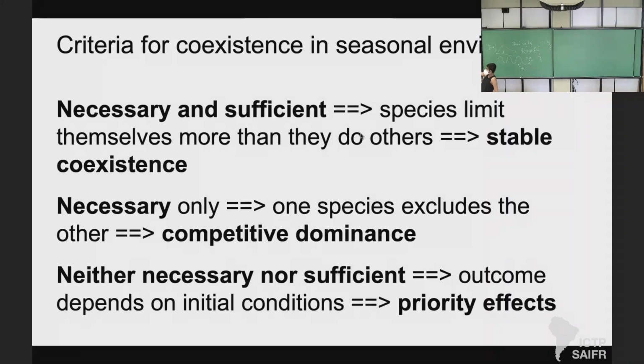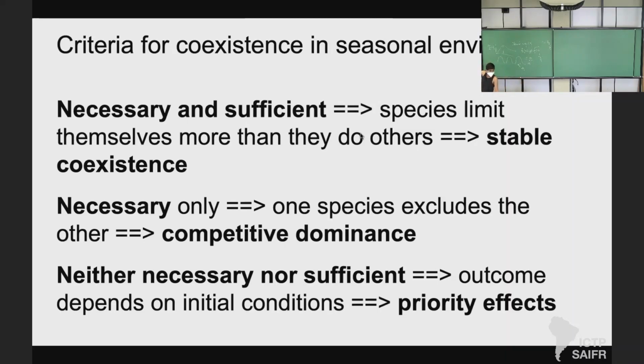If neither the necessary nor the sufficient condition is satisfied, the outcome depends on initial conditions, and we get priority effects. You know this from basic competition theory, right? There are only three things that can happen. One species excludes the other no matter what the initial conditions are, competitive dominance. You get coexistence if they limit themselves more, or you get priority effects because each species exerts a stronger effect on the other, so the outcome depends on initial conditions, kind of like Allee effects, right?